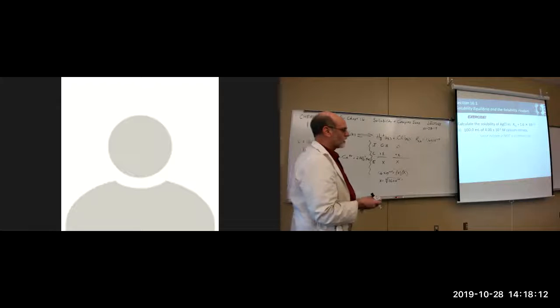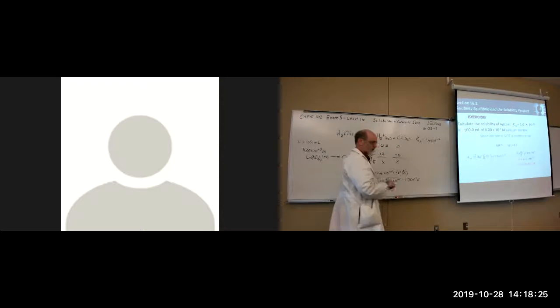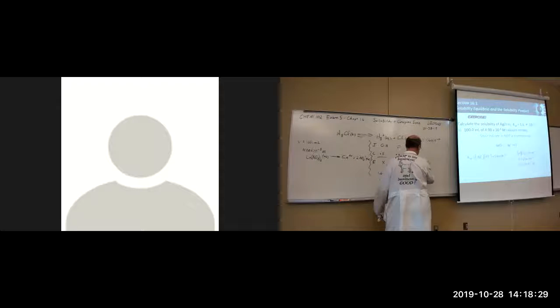There's no common ion that will influence the equilibrium, so it's 1.3 times 10 to the minus 5. And what was the solubility on our earlier example? I think it was 2 times 10 to the minus 8.